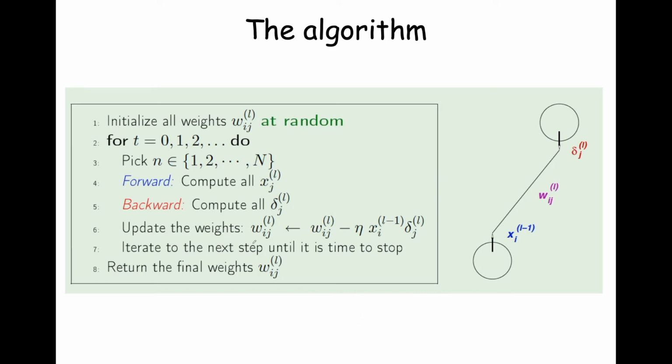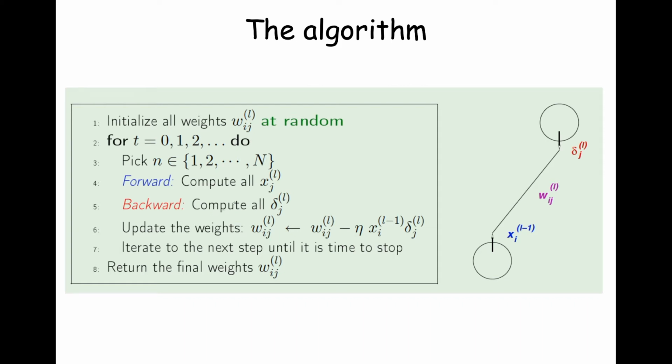So then we covered our backpropagation algorithm. Through a series of rounds, we select some nth input and compute the forward pass for that input through each of the layers, layer 1, 2, 3, up to and including layer big L, which is the output layer. And then we compute the backwards pass, computing all the deltas in order from the output layer going back through the network one layer at a time.